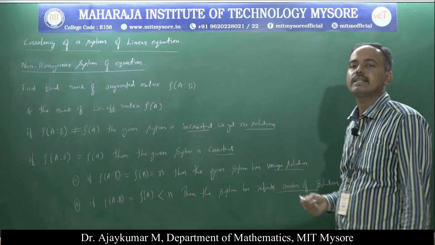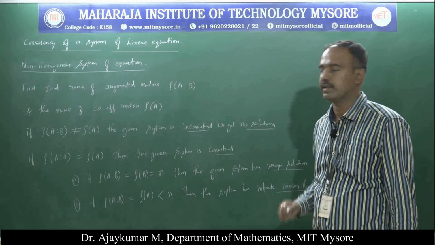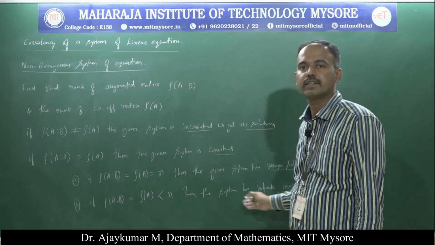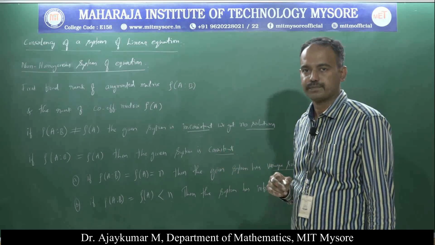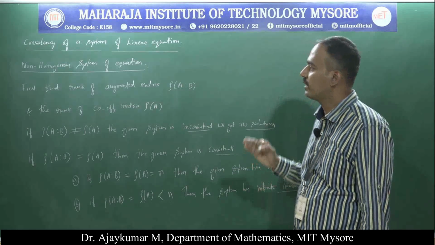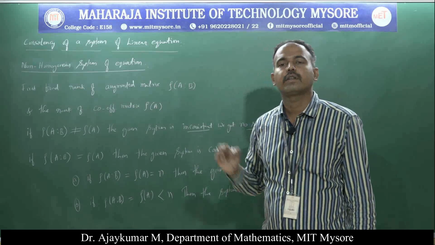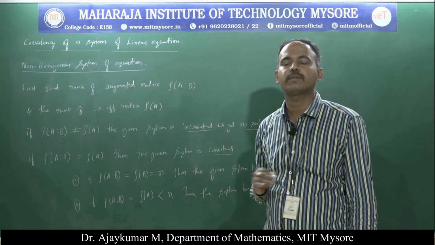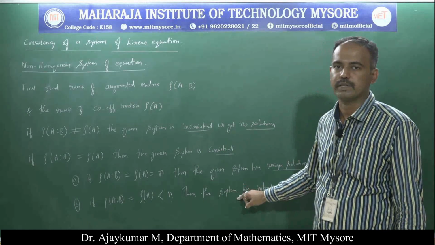In such cases we get infinitely many solutions. So based on these conditions, we can conclude whether the given system of equations is consistent or inconsistent, and whether we get a unique solution or infinitely many solutions.